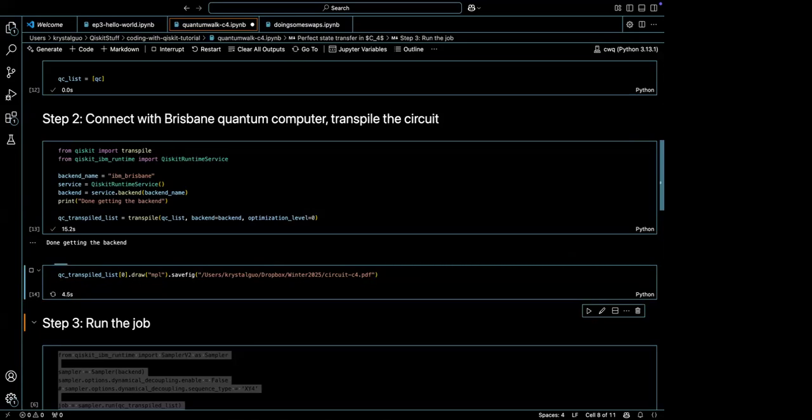Right, so transpile just outputs another quantum circuit. For example, qubits 1 and 5 on their machine might not natively support a 2-qubit gate there, but then of course you could do it. That's what transpile means.